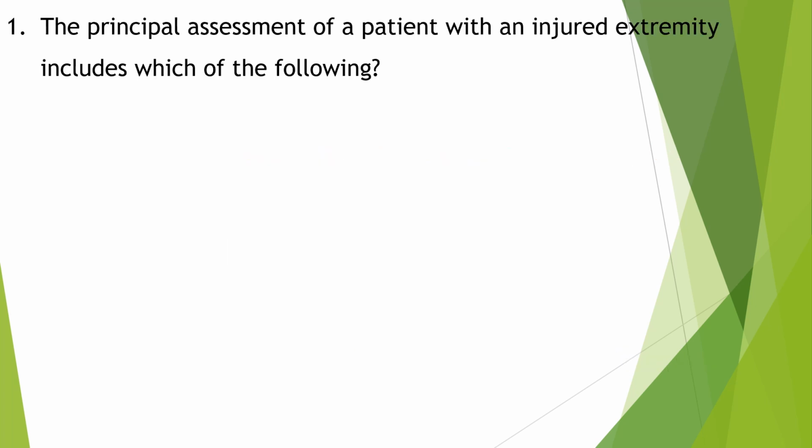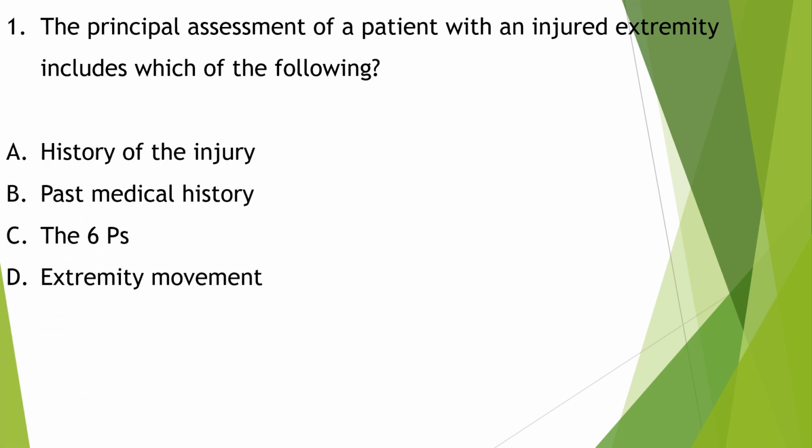The principal assessment of a patient with an injured extremity includes which of the following? History of the injury, past medical history, the 6 P's, extremity movement. All are important to assess, but the 6 P's may indicate neurovascular compromise of the injured area and may necessitate immediate medical intervention to prevent permanent damage.